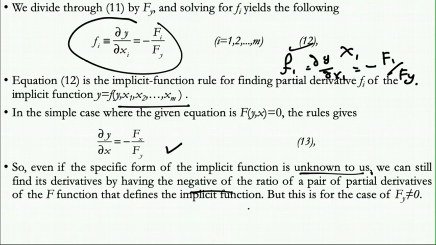Why do we want to know its derivative? Because we just want to know about the relationship between y and the argument or the other independent variables. But this case is for the case of fy not equal to 0.